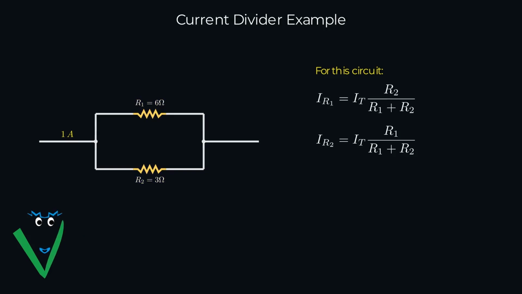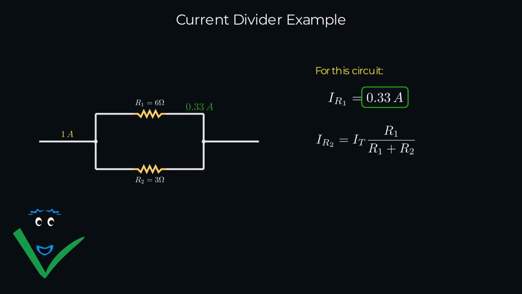To find the current through R1, we use I1 equals total current times R2 divided by R1 plus R2. So I1 equals 1 amp times 3 ohms divided by 6 ohms plus 3 ohms. That gives us 3 over 9, which is 0.33 amps. Now for R2, we use I2 equals total current times R1 divided by R1 plus R2.